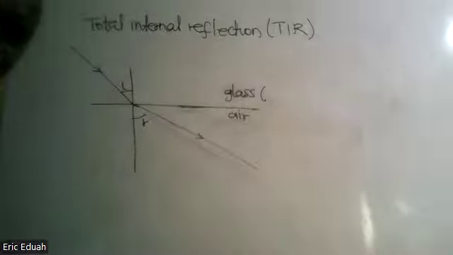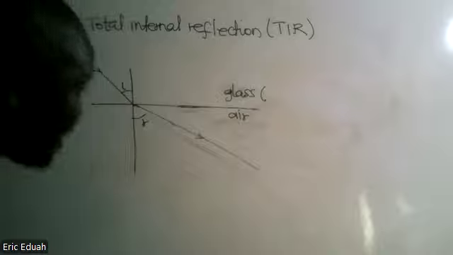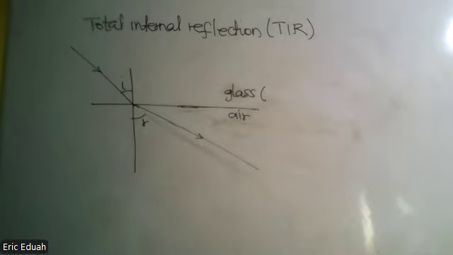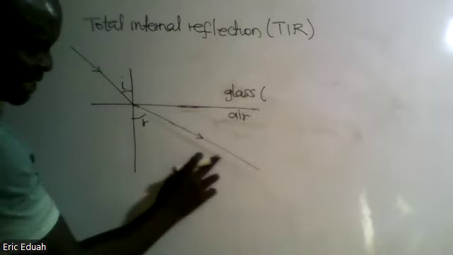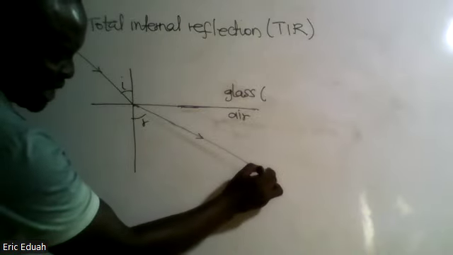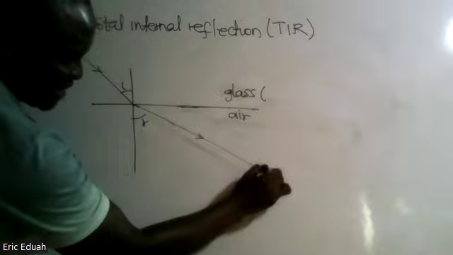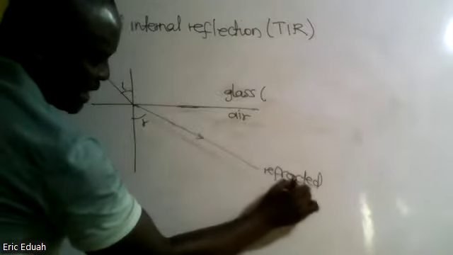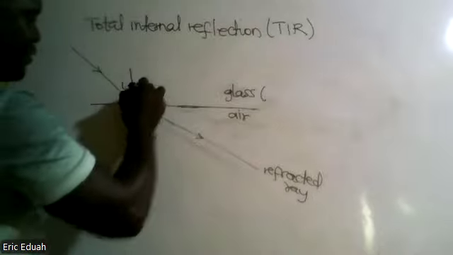Before then, whenever light hits a boundary, two things occur. Part of the incident light is refracted, so this becomes the refracted ray. And then part of it is reflected.